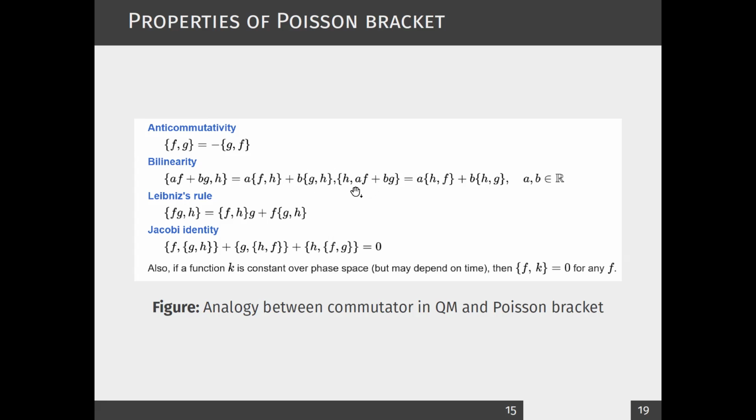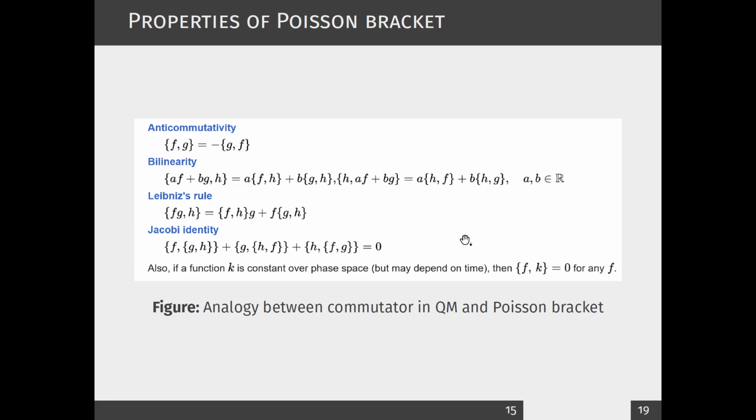The same stands for the Poisson bracket with h and a times f plus b times g. So you have things like given over here. Then there's the Leibniz rule, which is like that: f, g, h and then f, h, g. And there is also the Jacobi identity.